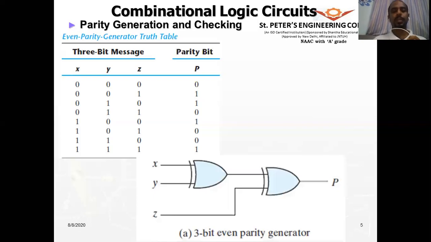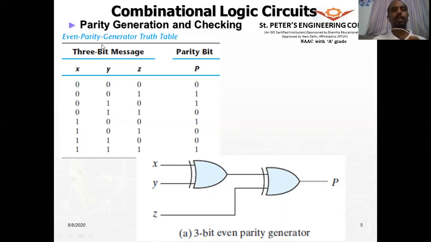So let us look into the realization of this. What we see here is that it is a simple XOR operation. The even parity generator works as an XOR operation. You can implement it by using two two-input XOR gates. So we can see that this is the output.